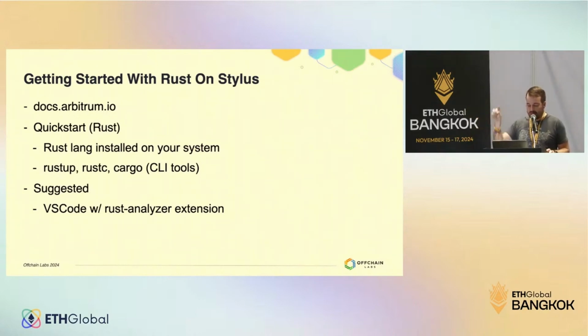Click into that and go to the quick start, and you can follow it to get all the prerequisites installed on your system. You'll need Rust installed and Docker installed locally, and rustup is the CLI tool. There are a couple of CLI tools that will come in handy. Just follow the instructions there, and it's very easy and quick to get going.